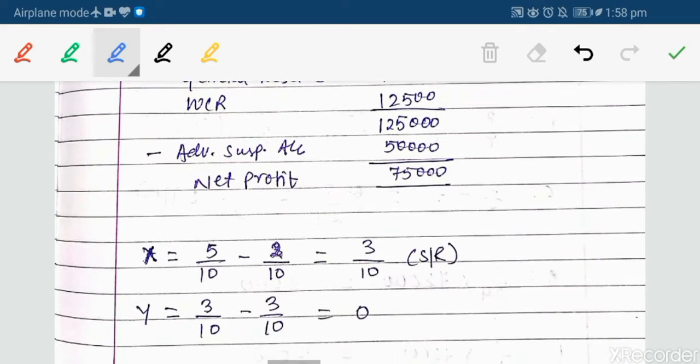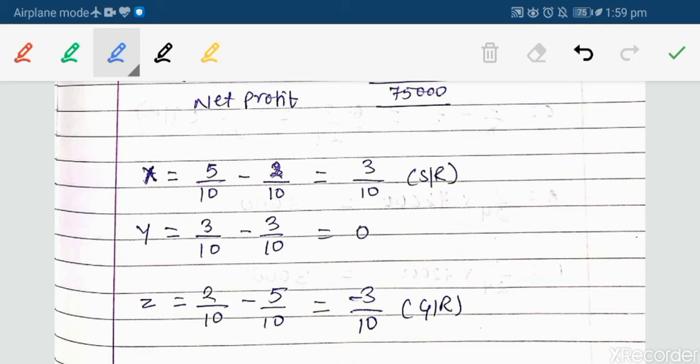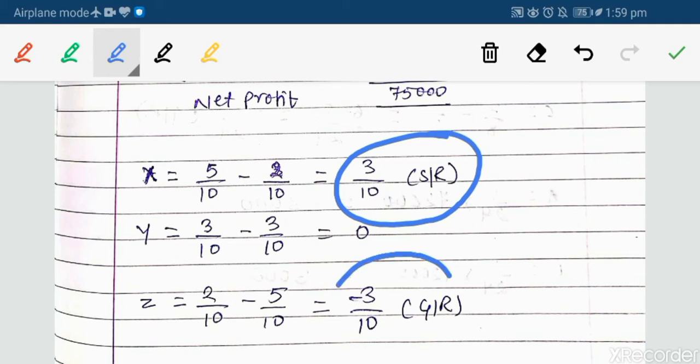Now we have to find out the gaining and sacrificing partners. For X, Y and Z, we find the gaining and sacrificing ratio. By deducting the new ratio from the old ratio, we found that X is sacrificing 3/10 and Z is gaining 3/10.